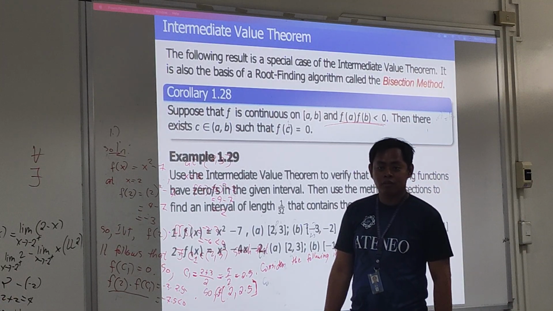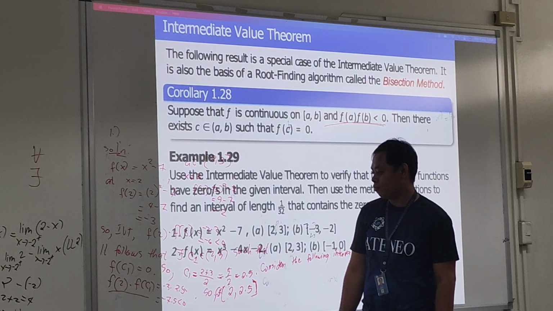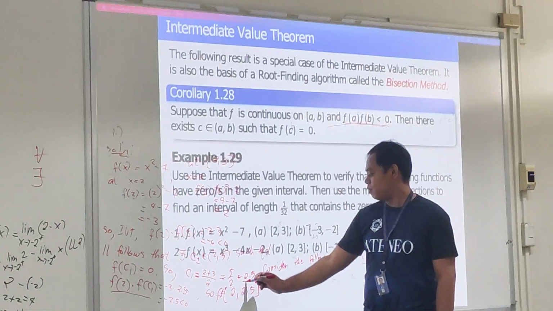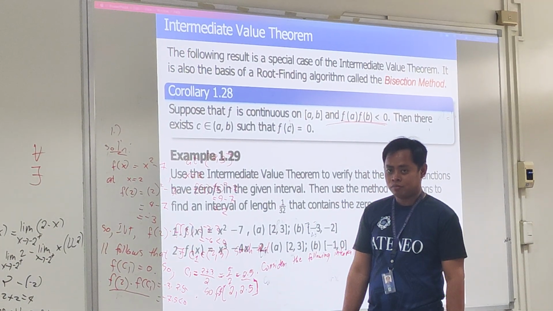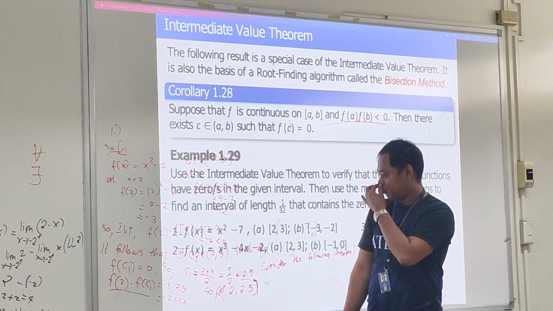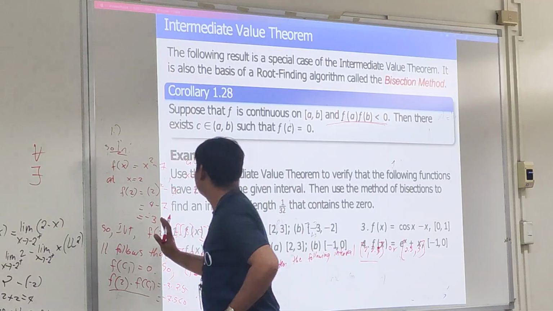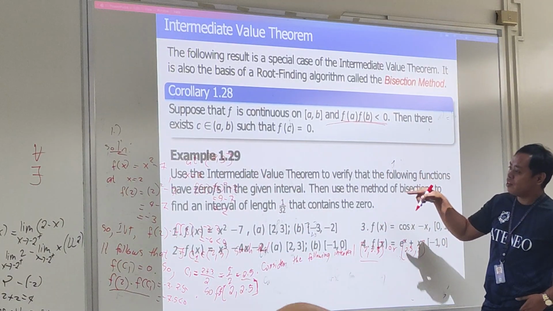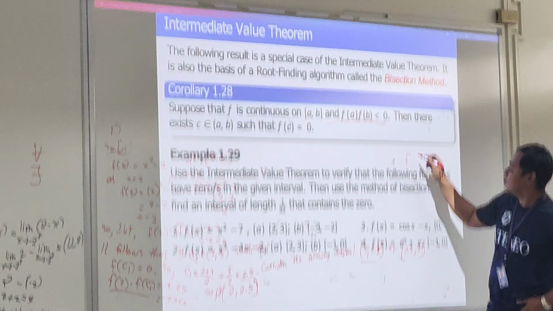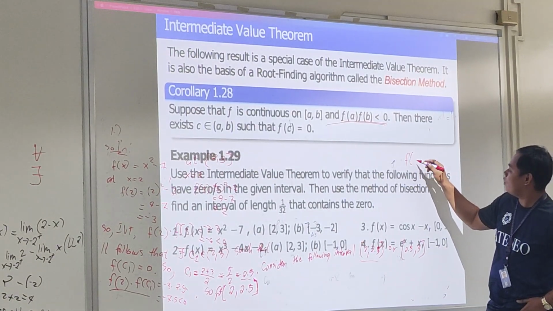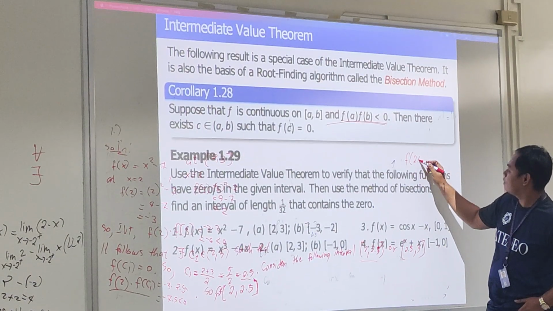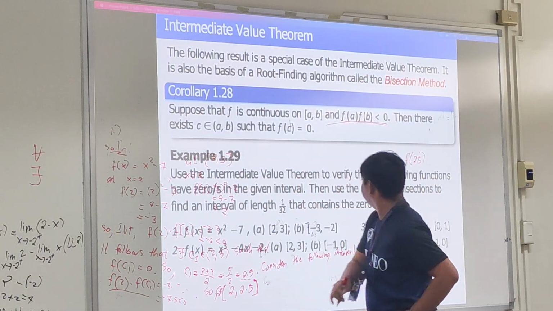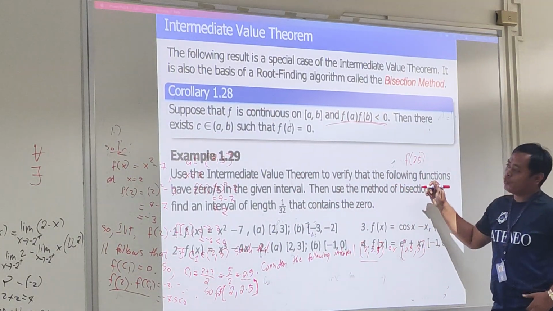Multiply f of 2 and f of C1. Your C1 is 2.5. Should we plug 2.5 into x squared minus 7? Sorry, one mistake. We need to use the value of your function, f of 2.5. So this is not 2.5. What is f of 2.5?